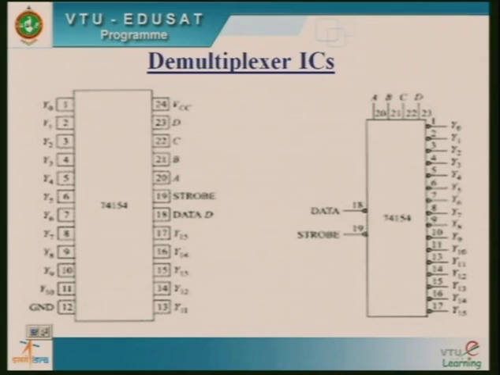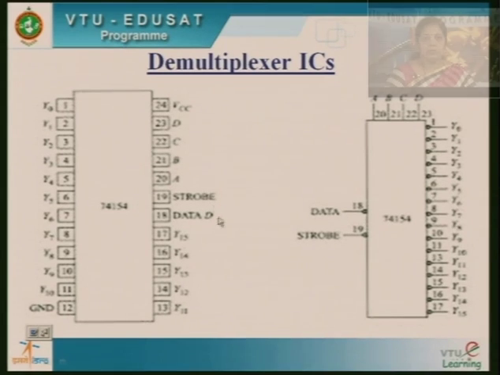This is the IC available, the demultiplexer IC. You can just see here, we have inputs, strobe, an additional signal. It is also called enable. Enable and strobe are basically to enable or disable the demultiplexer IC.